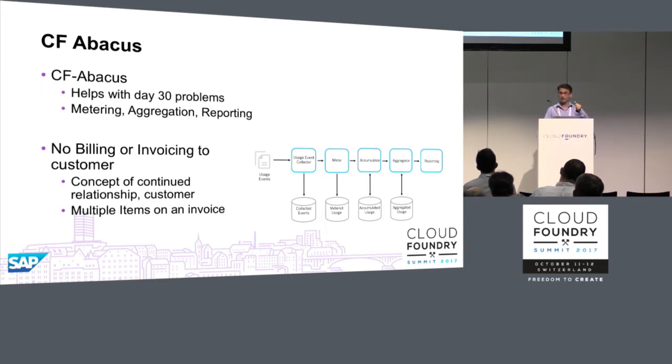A good example is a TV cable provider who is also an internet provider. Now you have two different departments sending usage events to the same customer. CF Abacus cannot help you consolidate these events into a single invoice. Billing engines help you there. So that's where we will use our billing engine.